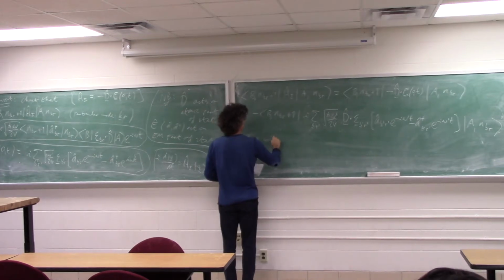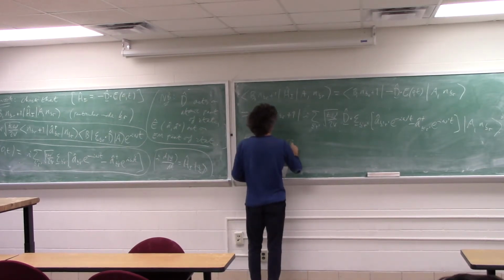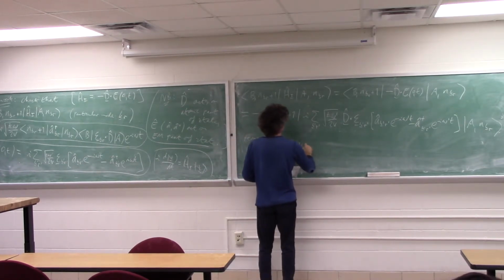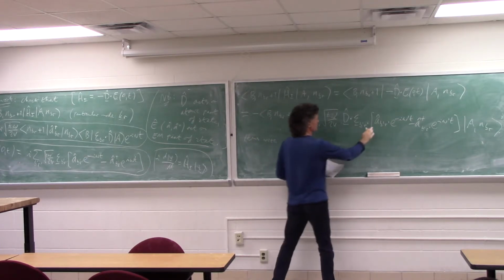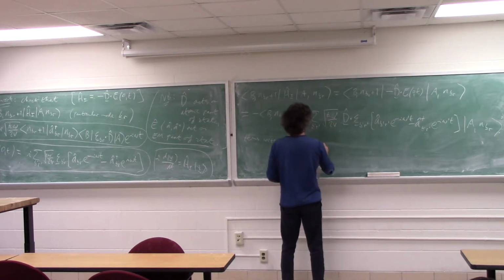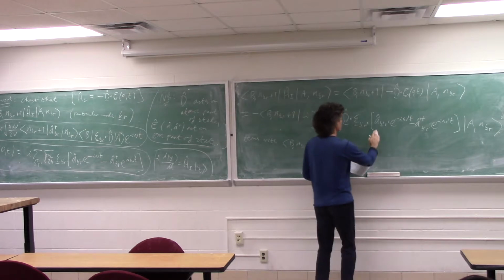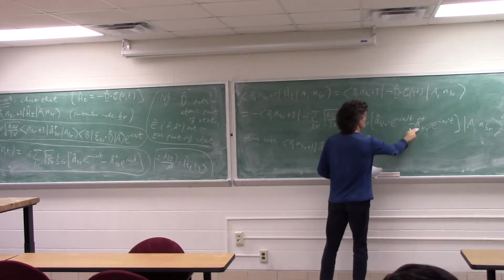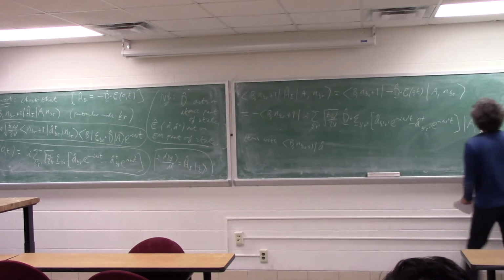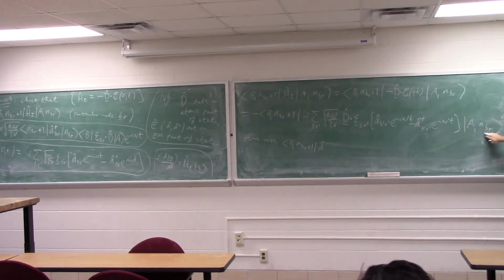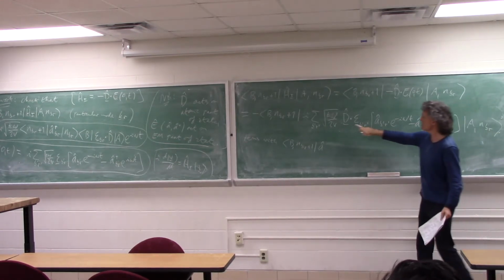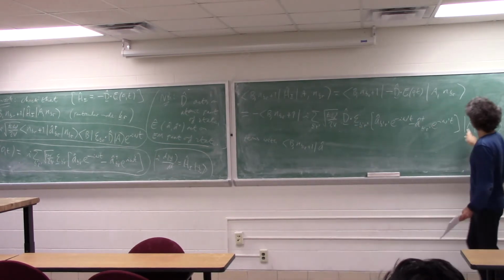Let's look at the terms involving the annihilation operators. Remember, the creation and annihilation operators act on the electromagnetic part, and the D operator acts on the atomic part.